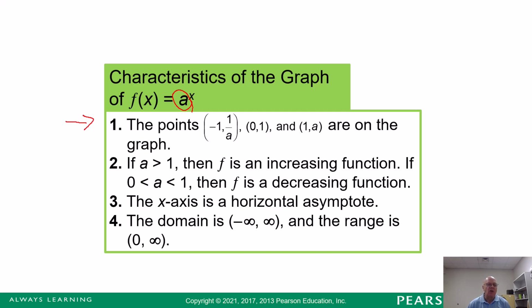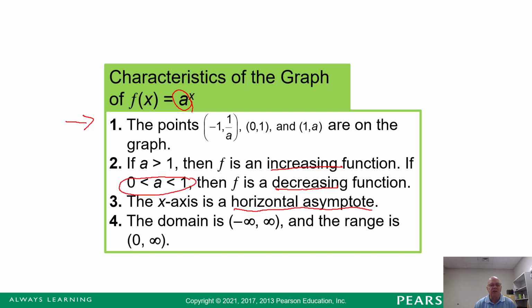If it's greater than 1, you'll have an increasing function. If it's between 0 and 1, it's going to be decreasing. The x-axis in both cases is a horizontal asymptote. That's for your exponential functions.